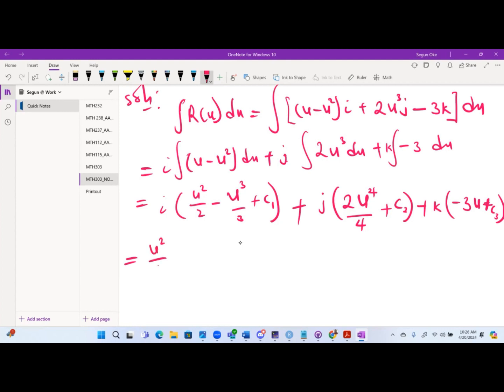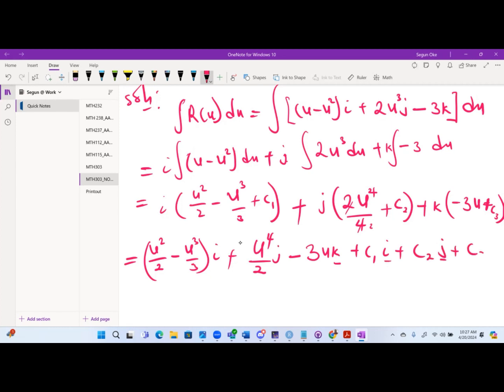You have u squared over 2 minus u cubed over 3 i, remember we have C1 here, we are coming back to that, plus u raised to power 4 over 2 j, minus 3u k, plus C1 i plus C2 j plus C3 k.